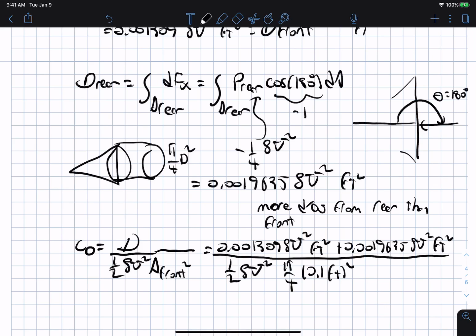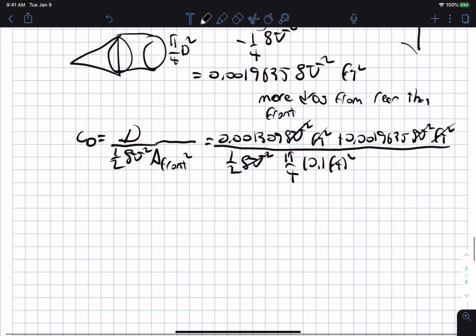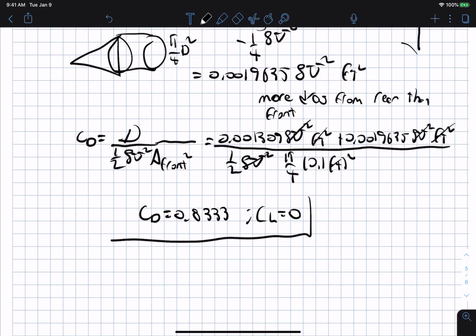Notice that all the rho u squareds cancel out, and the feet squareds cancel out. If you punch in the numbers, the drag coefficient equals 0.8333, and the lift coefficient is equal to 0 because we had a symmetric force distribution acting on a symmetric object.